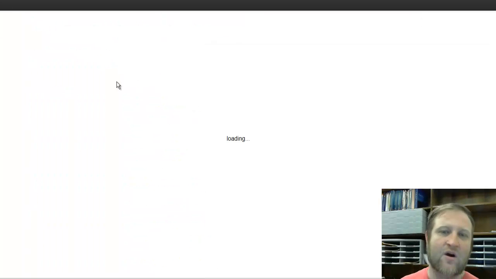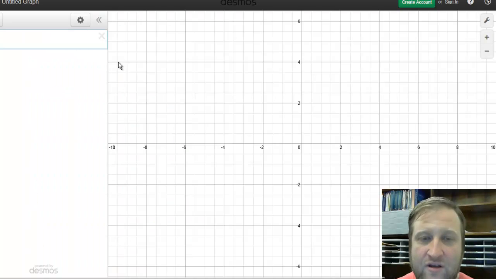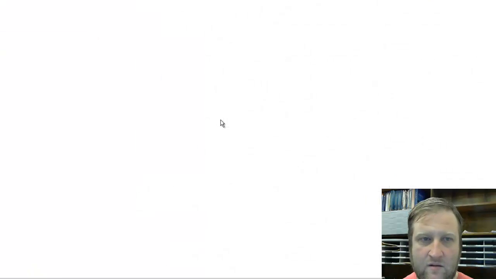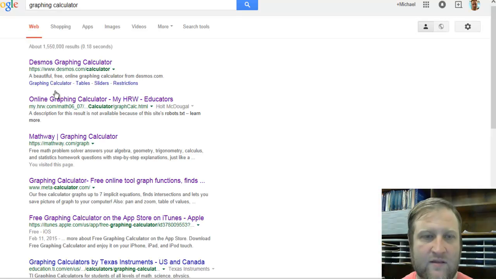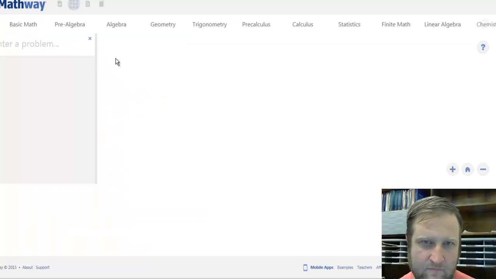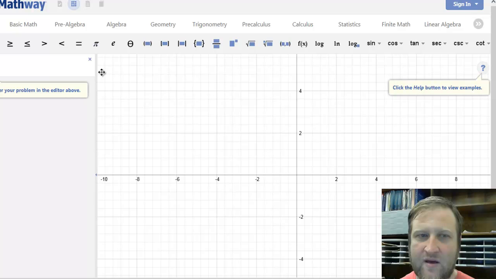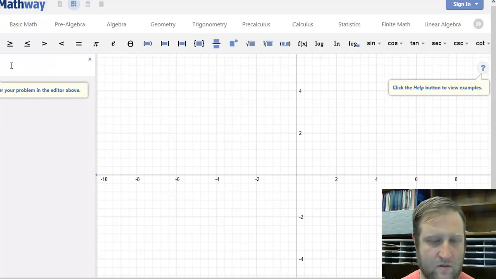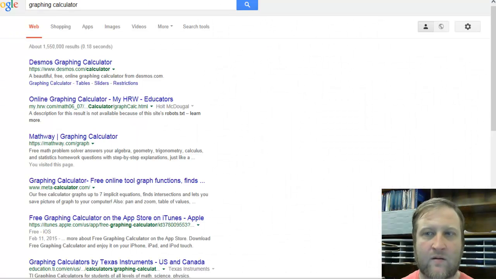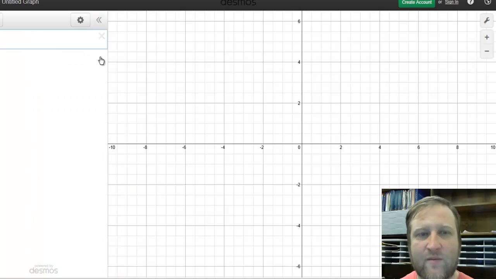It tends to articulate the equation really well. Notice all these different graphing calculators are coming up. I don't like that one. I think I like this Desmos one, so I'm going to come back here and use this one.